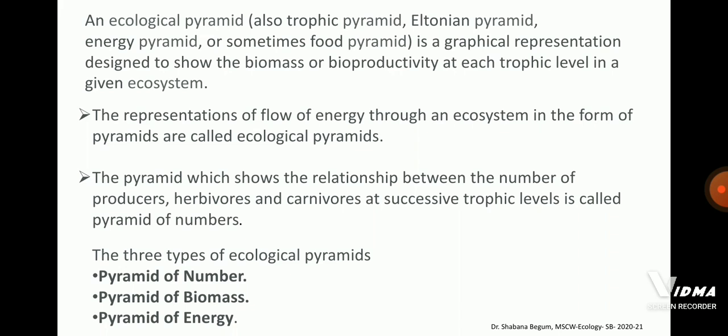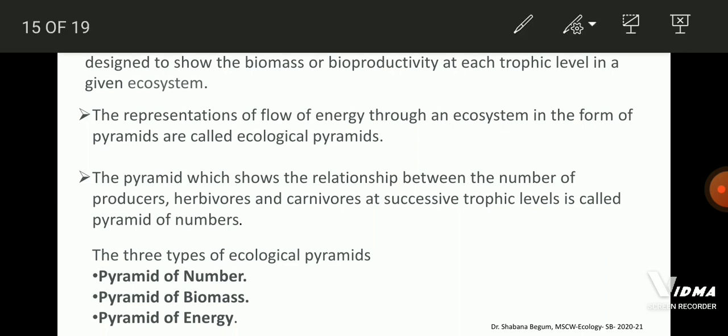It's a graphical representation designed to show the biomass at each trophic level in a given ecosystem. The representation of flow of energy through an ecosystem in the form of pyramids is called the energy pyramid.